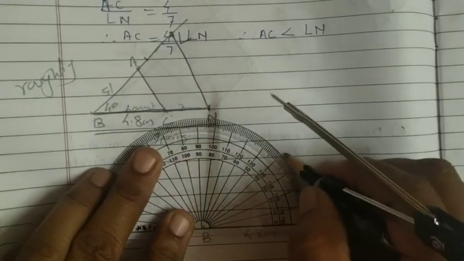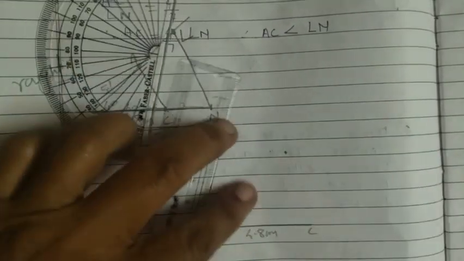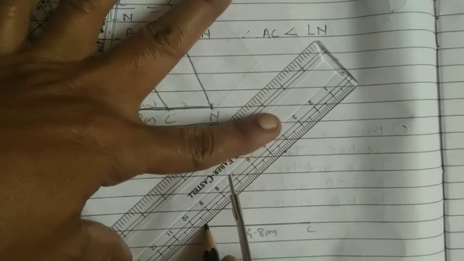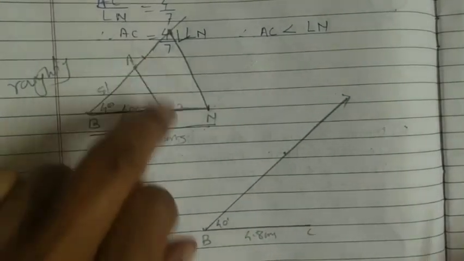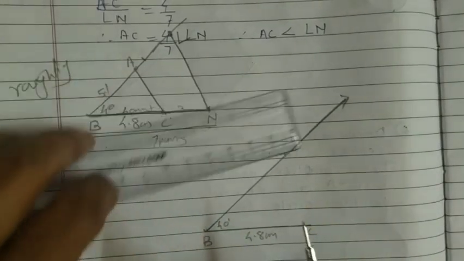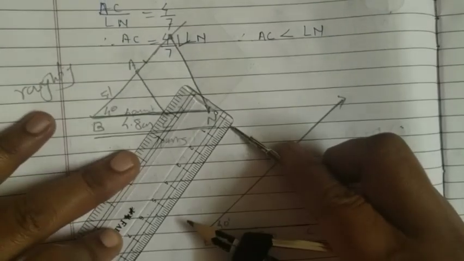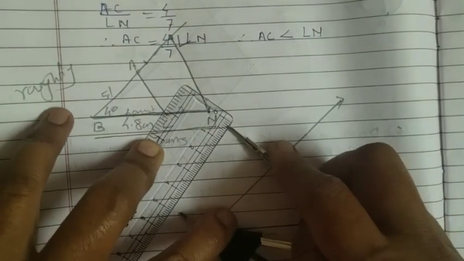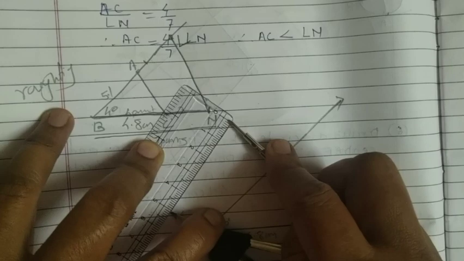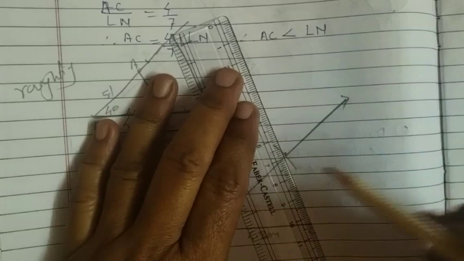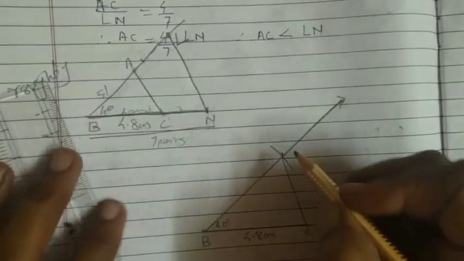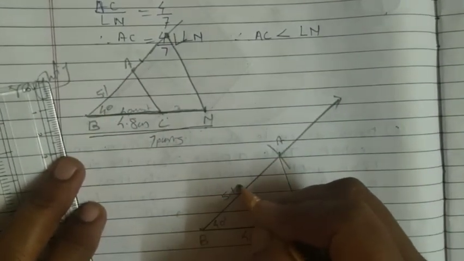This is angle B, 40 degrees. On this ray we have to construct a 5.1 centimeter arc to obtain point A. We have to measure a distance of 5.1 like this way. Taking B as center we obtain this point, and this is the point A, and this is 5.1 centimeters.